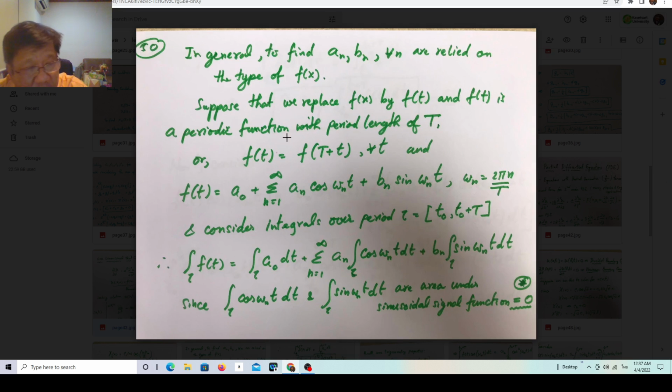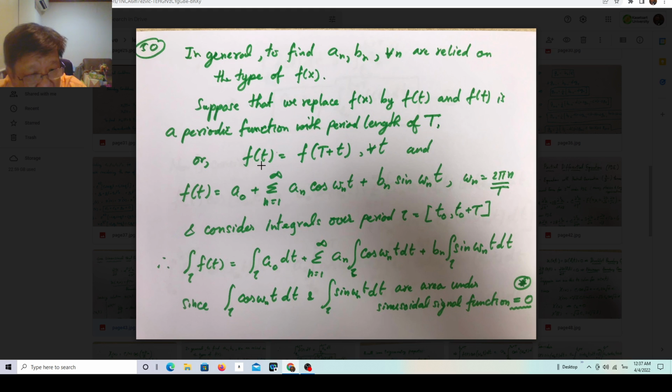And it's the function that we call a periodic function. What is a periodic function with period length of T? What is the nature of what we call a periodic function with period length of T? This is the definition of a periodic function. You can see that for all t, f of t is equal to f of t plus T, the length of the period, which means that for any t between 0 to capital T, it will repeat itself every T period.